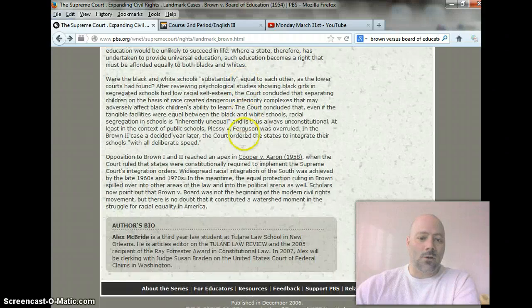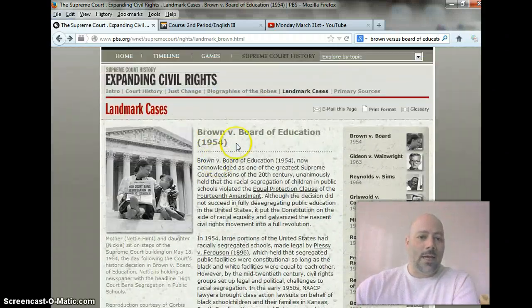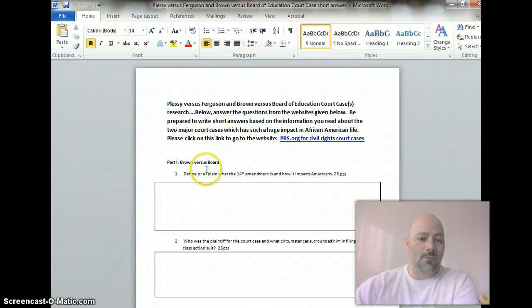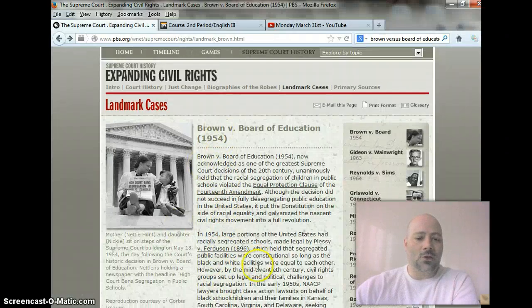There is a brief article that talks about this landmark decision, and our first question on Brown versus Board asks you to define or explain what the 14th Amendment is and how it impacts Americans. After you read this, you will look for the information.